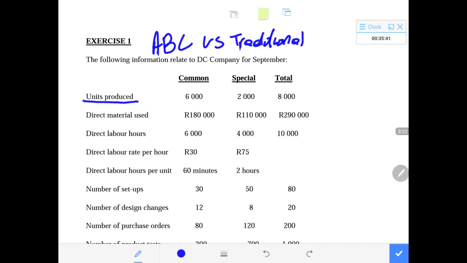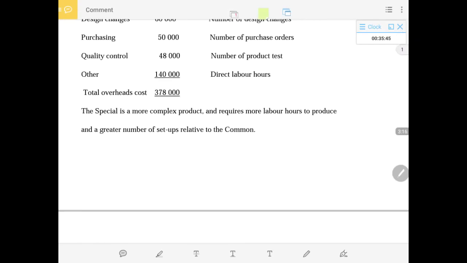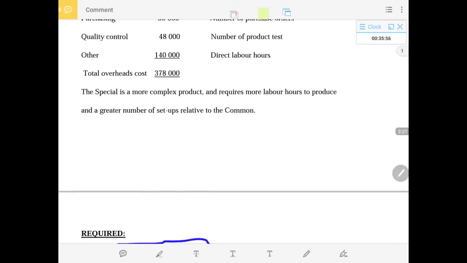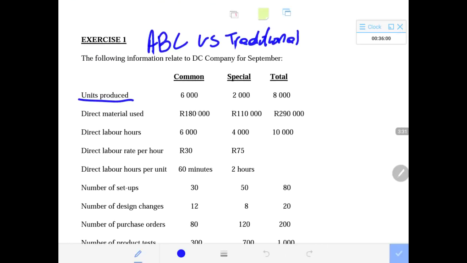Take note of the fact that we are required to calculate the cost per unit. Be mindful of that. We are to calculate the cost per product, meaning the cost for each of the products that we have. Meaning we will need to know the cost of the material that was used per unit for product common, and the cost of the material per unit of the product special.